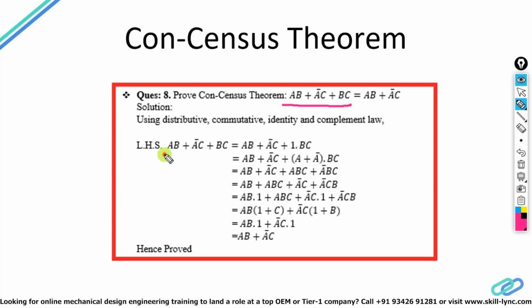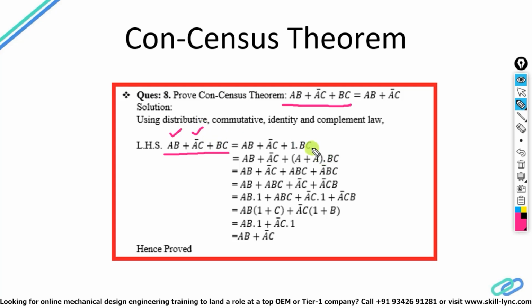Let's start with this. First of all, you can write it as AB, A bar C, BC, because in BC there is no A. I have seen that AB and A bar C have A, either A or A bar, but BC does not have any kind of A.